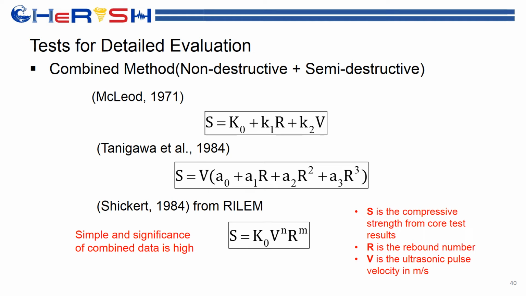Here, it expresses the compressive strength of concrete in terms of the measured ultrasonic pulse velocity V and the rebound number R. Now, the unknowns are the parameters K sub O, N, and M, which can be determined by utilizing the data from actual test results, and then empirically you can relate those obtained test results to develop these parameters. From those developed parameters, you can then use the equation to estimate the strength of concrete in remaining areas.